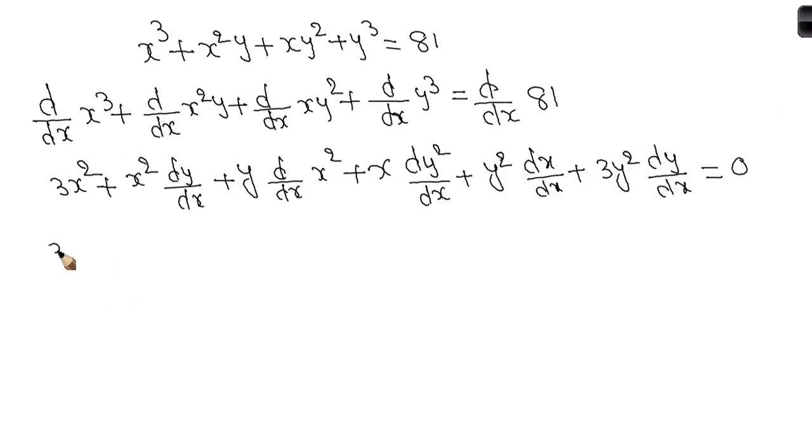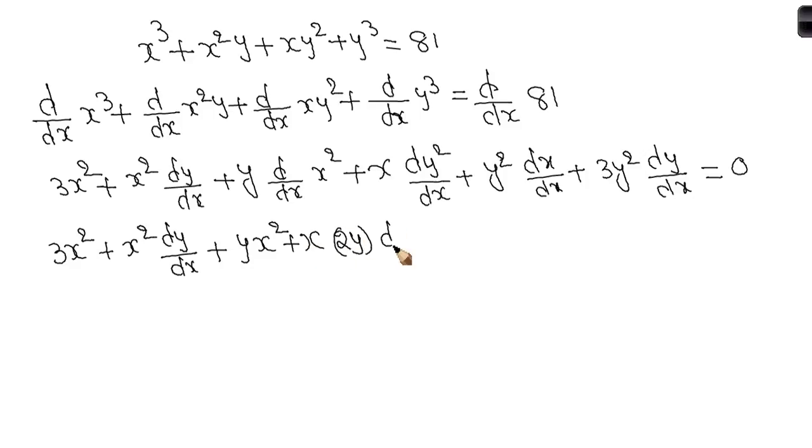So 3x square plus x square into dy by dx plus y times 2x plus x times derivative of y square, which would be 2y into dy by dx, plus y square plus 3y square into dy by dx is equal to 0.